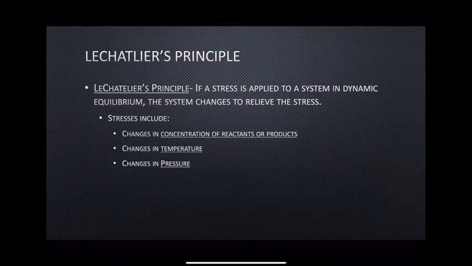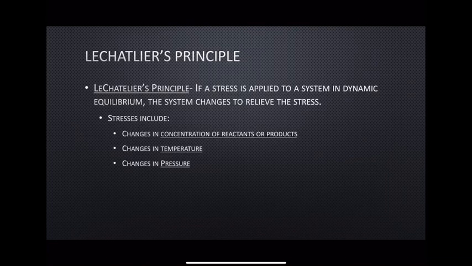Okay? Now, let's really get into the meat and the potatoes of today's lesson. So this is what your assignment for today focuses on, and that's Le Chatelier's principle. So Le Chatelier's principle tells us if we have a system, so again, that's our reactants and our products, that are at equilibrium, if they're at dynamic equilibrium, but you do something to change that system, it's going to cause the equilibrium to shift.